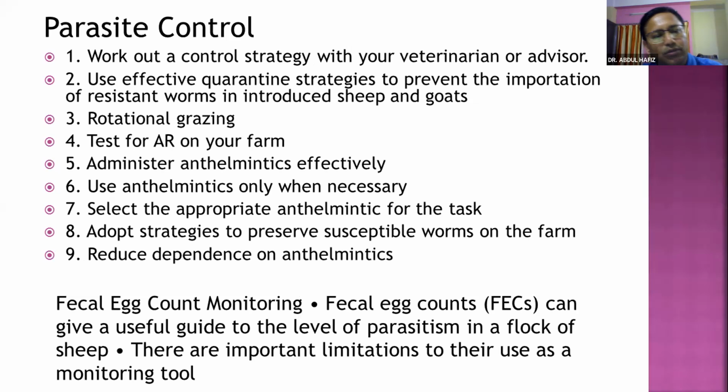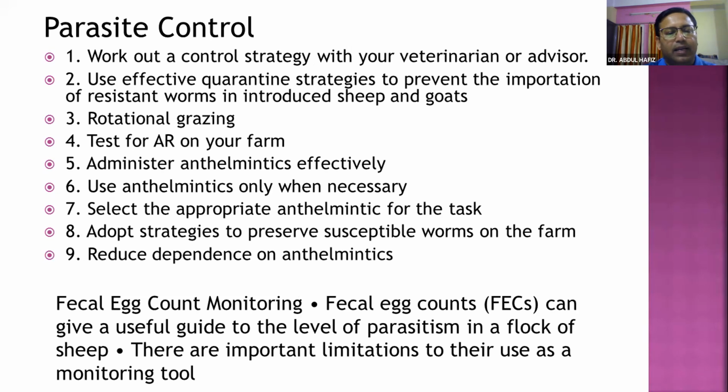Here also, parasitic control as a whole in general. Rotational grazing we have to practice. Test the anthelmintic and AR on your farm. That means frequent testing should be there in our farms, and administer anthelmintics effectively. That means anthelmintics should be administered effectively, and whichever drug is very effective, that drug we have to use.